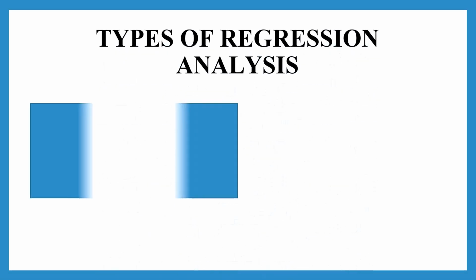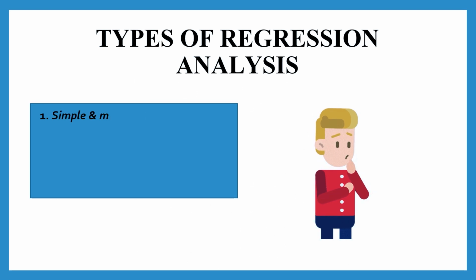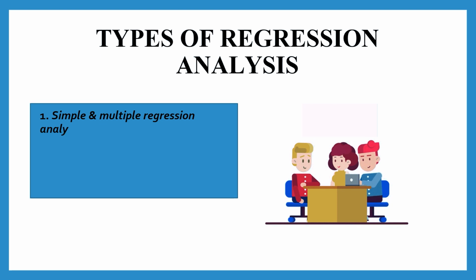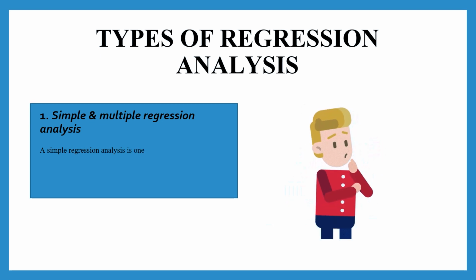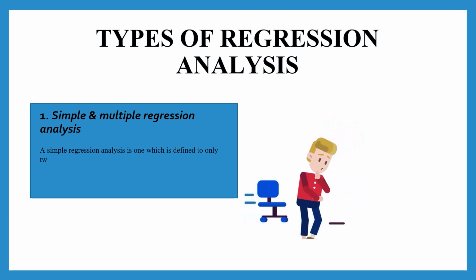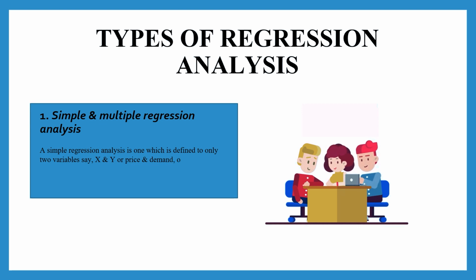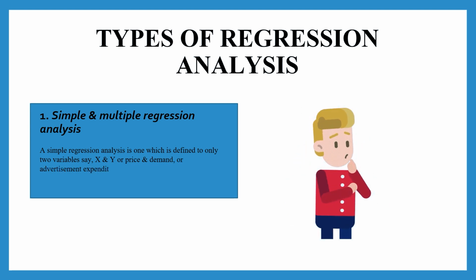Types of regression analysis: simple and multiple regression analysis. A simple regression analysis is one which is confined to only two variables, say x and y, or price and demand, or advertisement expenditure and volume of sales, etc. In such cases, the value of one variable is estimated on the basis of the value of the other variable.